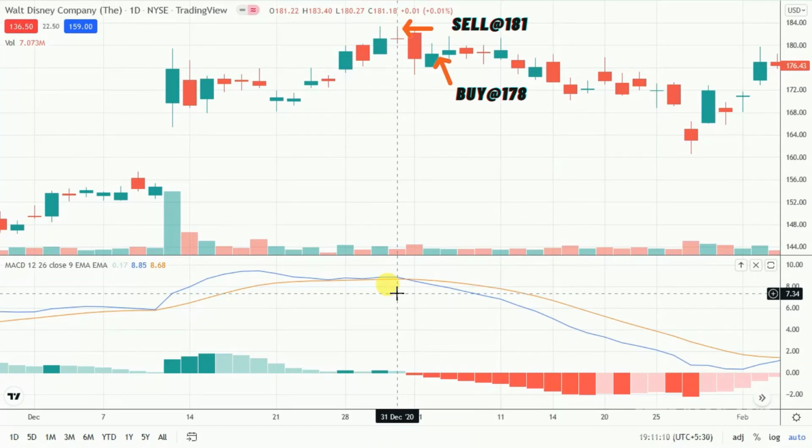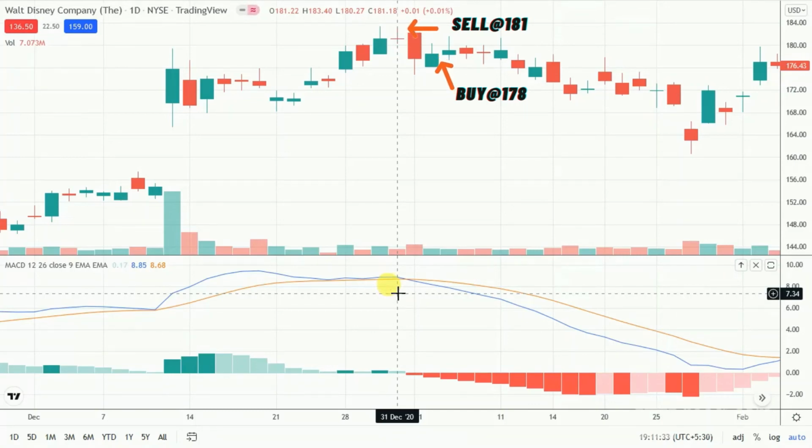This is where we go ahead and sell Walt Disney stock or futures contract at the closing price, which was 181.18. Of course, you need to check the price in the futures market if you're trading there. But in this example, we're going to sell at 181.